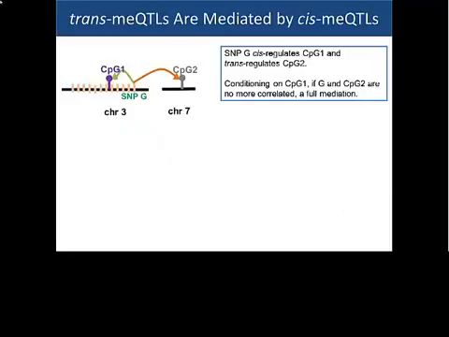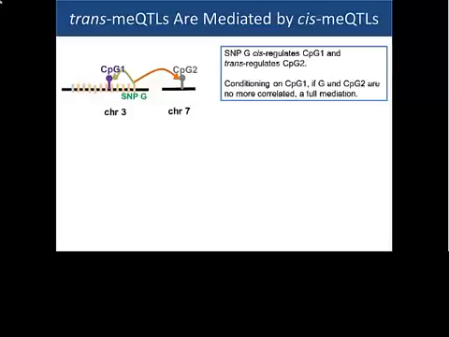So now we are asking a question whether the trans associations could be mediated or explained by the local cis associations. So what does this mean? Let's imagine this scenario. SNP G is cis-regulating a local CpG site, CpG1, and also this SNP can trans-regulate a CpG2 on a different chromosome.